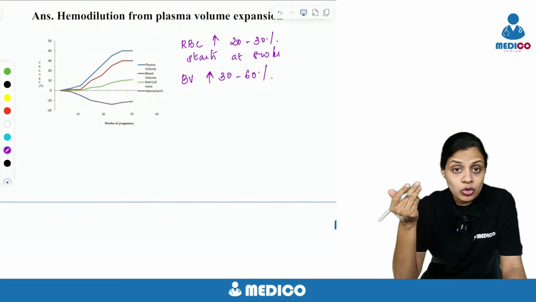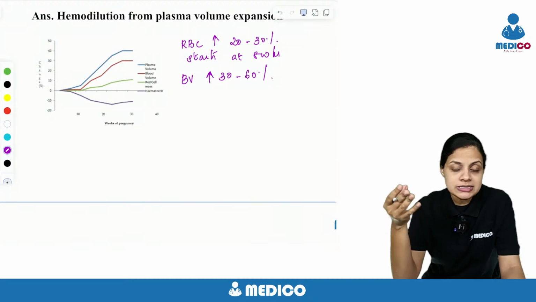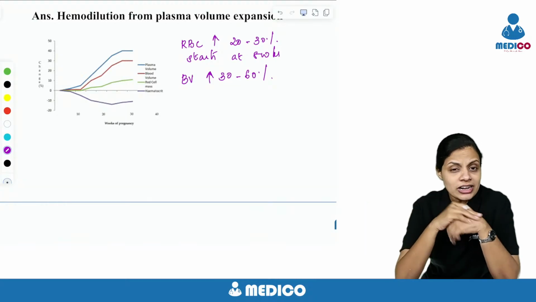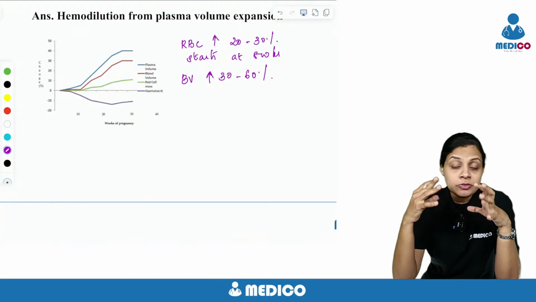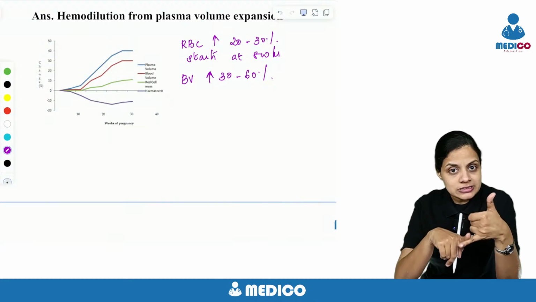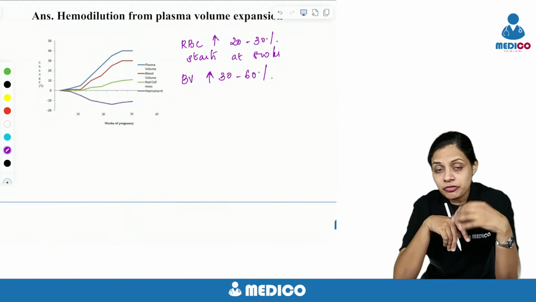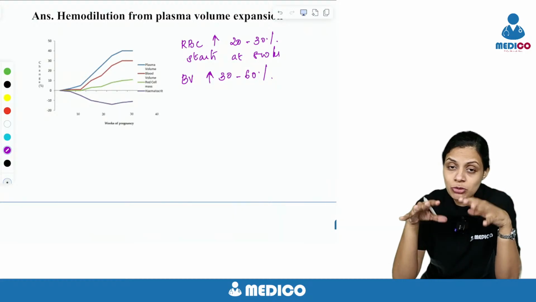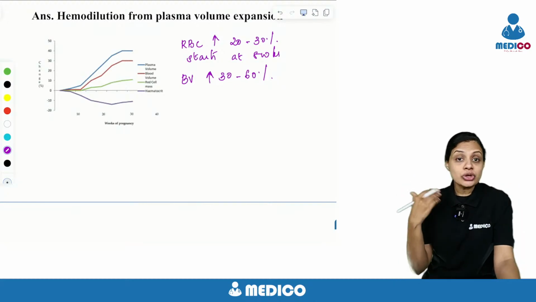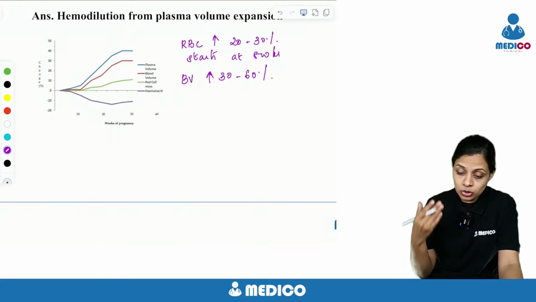Since the plasma volume expands more than the RBC, there is a physiological hemodilution. Why does this happen? Because the oxygen carrying capacity should increase. The hemoglobin mass and the oxygen carrying capacity of blood increase, but the hemoglobin concentration will fall in pregnancy. This is to ensure that the fetus is getting good oxygen.